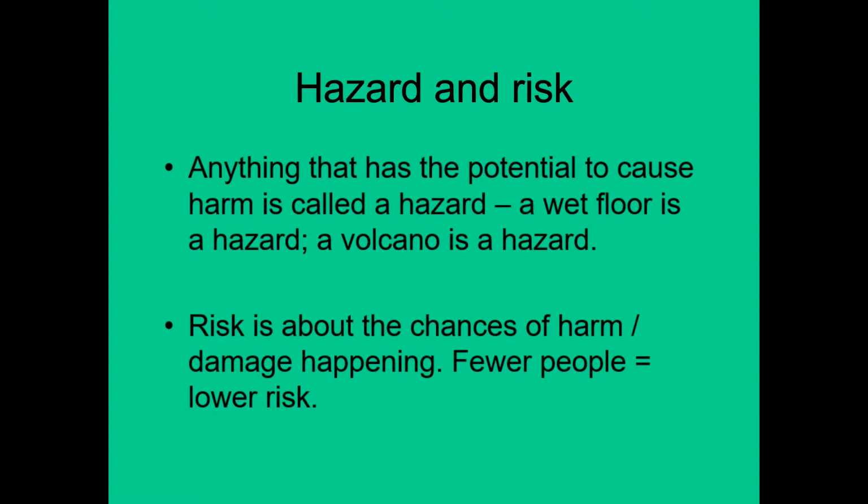Okay, so risk is affected by loads and loads of different factors when we're talking about volcanoes, but fundamentally, for now, if you accept the fact that if you had two very similar volcanoes and one of them was in a city where there were millions of people, for example, like Vesuvius is right near Naples, there are millions of people in harm's way. That's a very high risk.